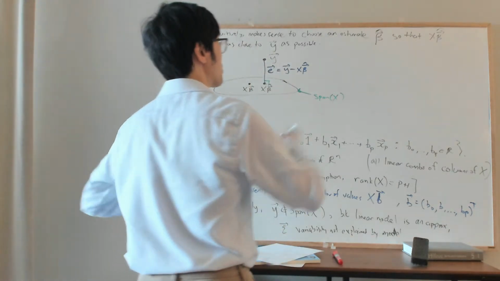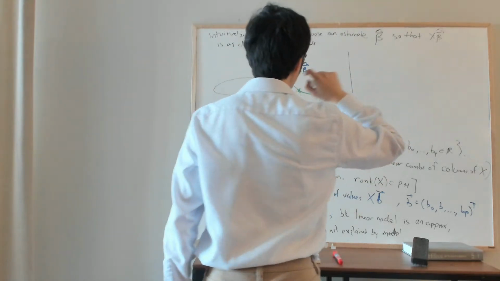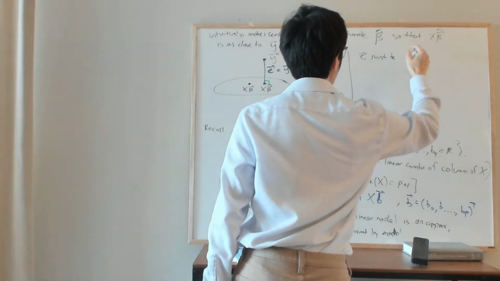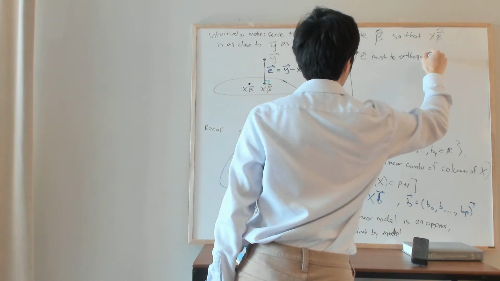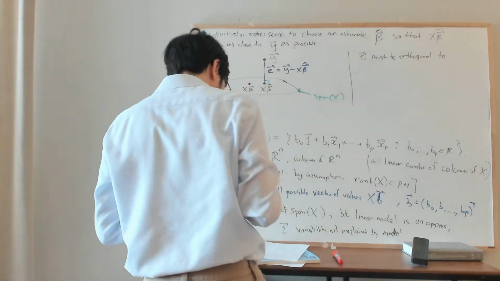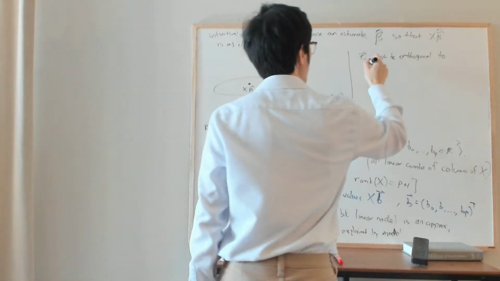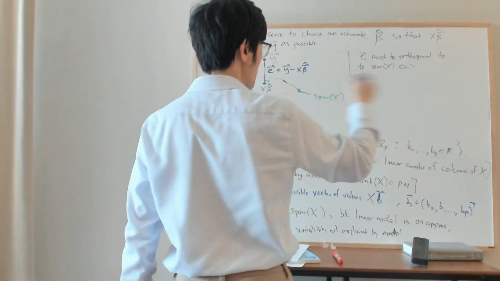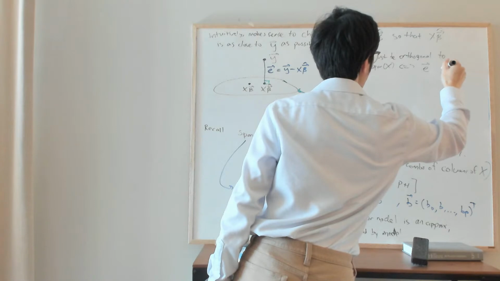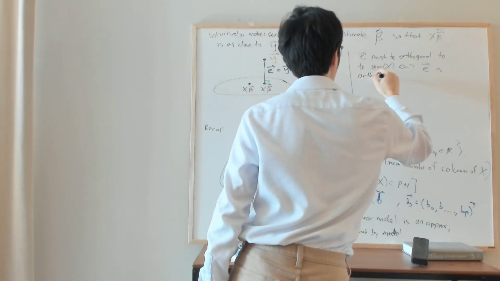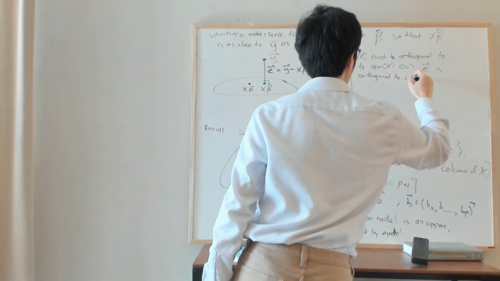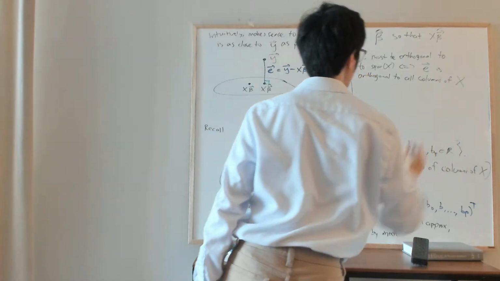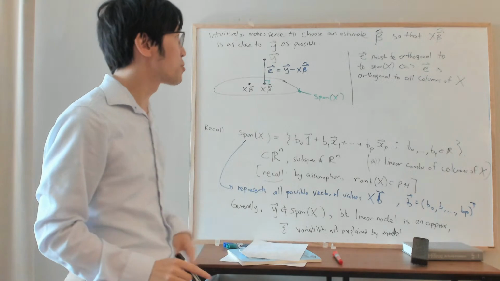Let's write out the consequence of this. E must be orthogonal to the span of X, which, as we know, means that it is orthogonal to all the columns of X. What does orthogonal mean?